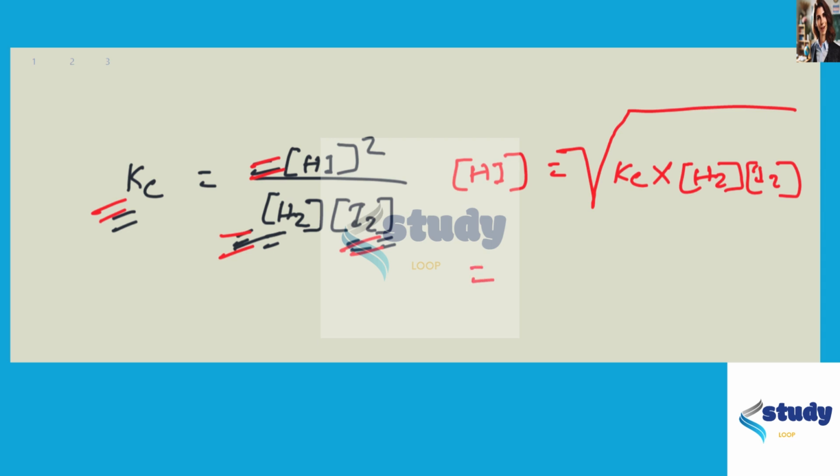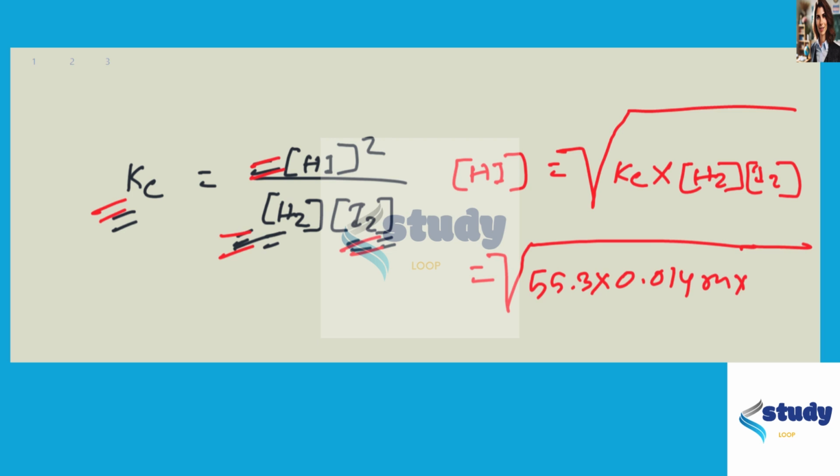So here Kc is given as 55.3, times the hydrogen concentration we calculated, 0.014 molar, times the equilibrium concentration of iodine, which is 0.008 molar, and this gives us a value of 0.079 molar.